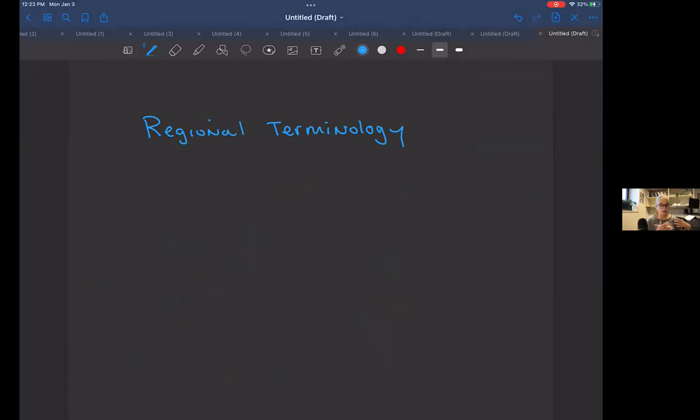So for example, if we're talking about the armpits, we might not say armpit, we would say this is the axillary region. And in this axillary region, we have axillary blood vessels. We also have axillary nerves, right?